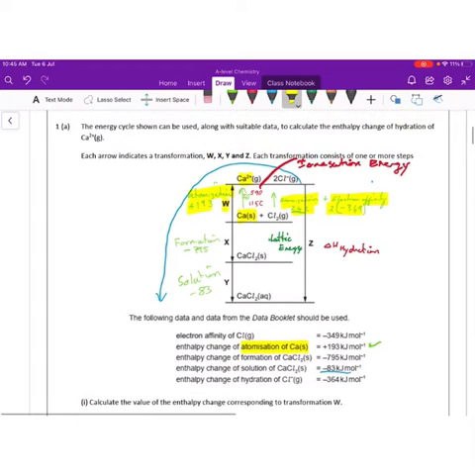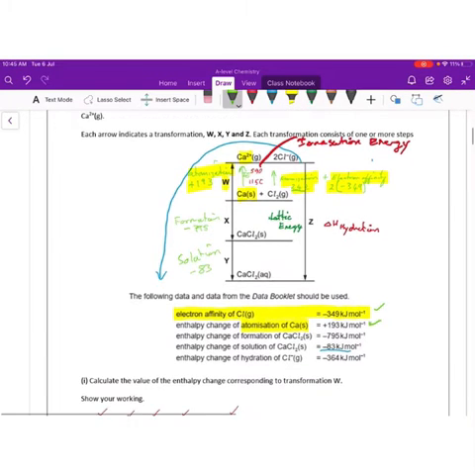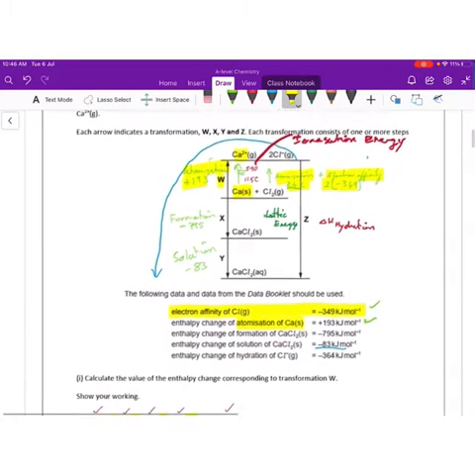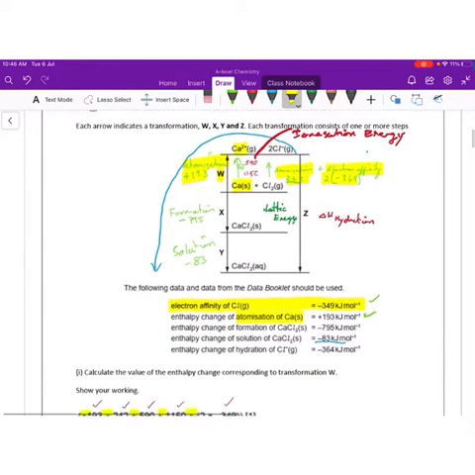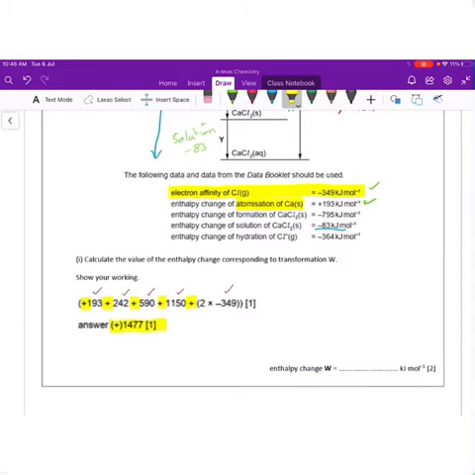But my electron affinity is given to me, and that's negative. That's going in the opposite direction, so I need to subtract that from it. And that gives me my answer in kilojoules per mole of 1,477. Okay, so that's my first question. It's a 1 mark question. No, it's 2 marks. At least it's 2 marks.